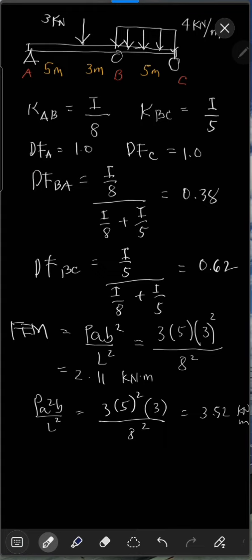Then FEM for uniformly distributed load is WL squared over 12. So 4 times 5 squared over 12, we have 8.33.